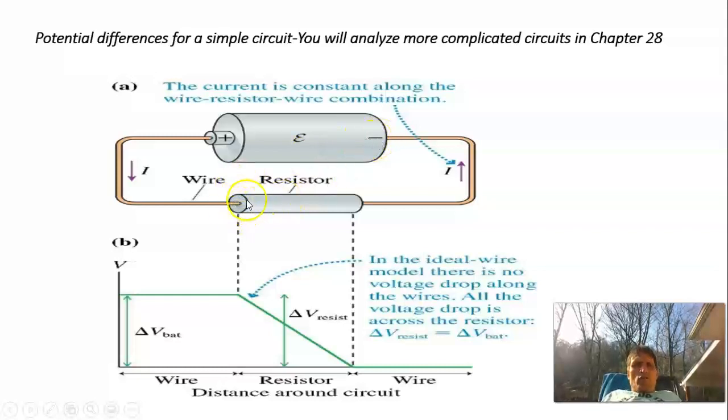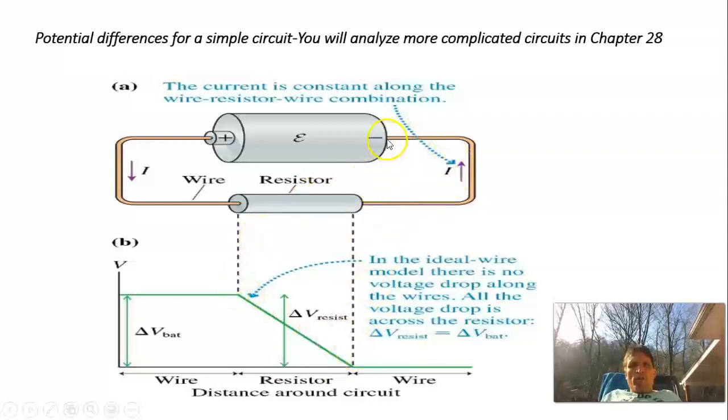Now we're going to drop voltage going across the resistor. We're going from positive to negative, right? And if current goes through a resistor, Ohm's law, delta V is equal to IR, said that we will drop voltage across here. Okay? And so at this point we're down, we don't drop any more voltage through this because it's an ideal wire.